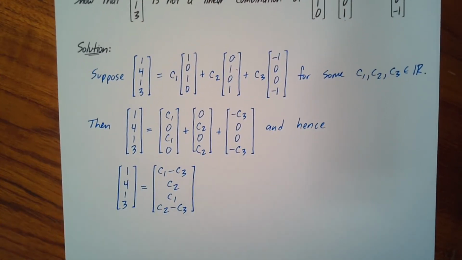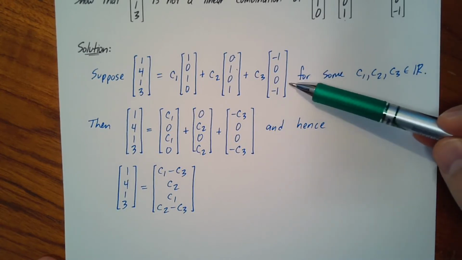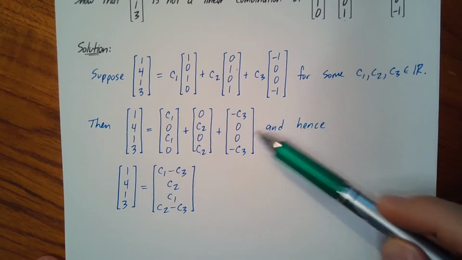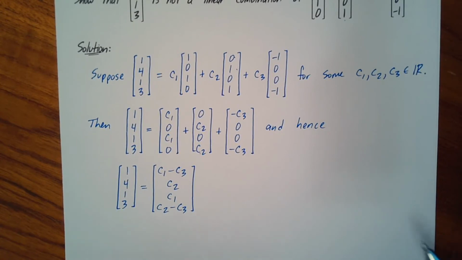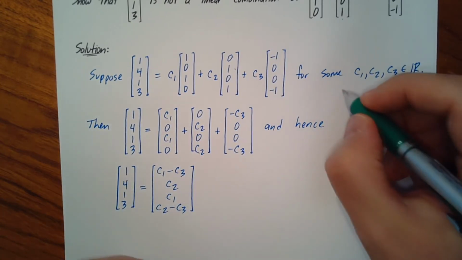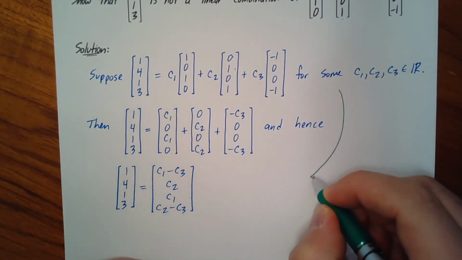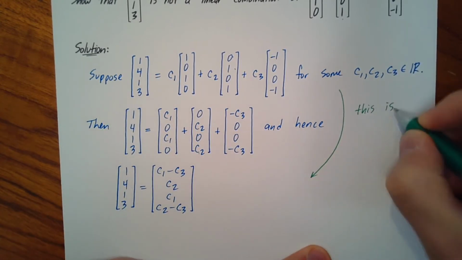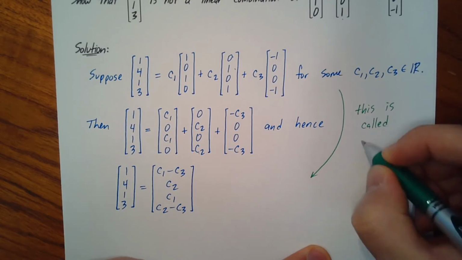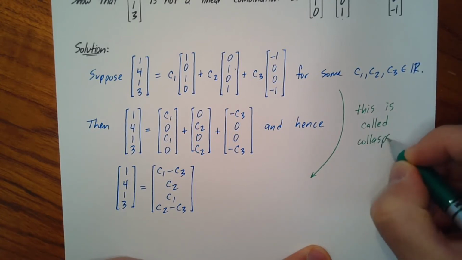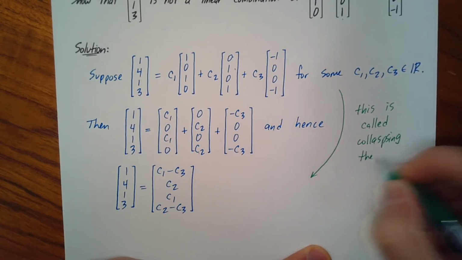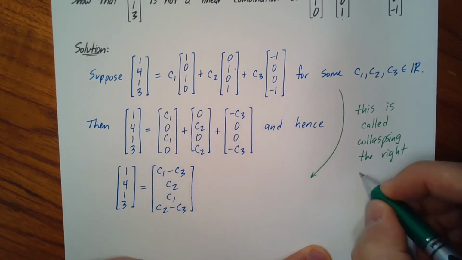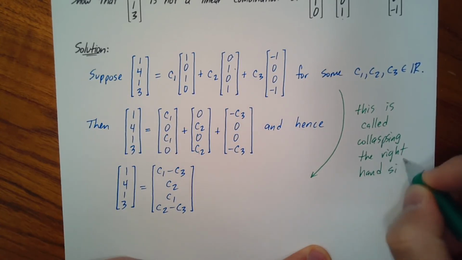And I'm going to use a phrase to refer to the steps that we just did, particularly going from here to here and then going from here to here. This is called the following: collapsing the right-hand side.